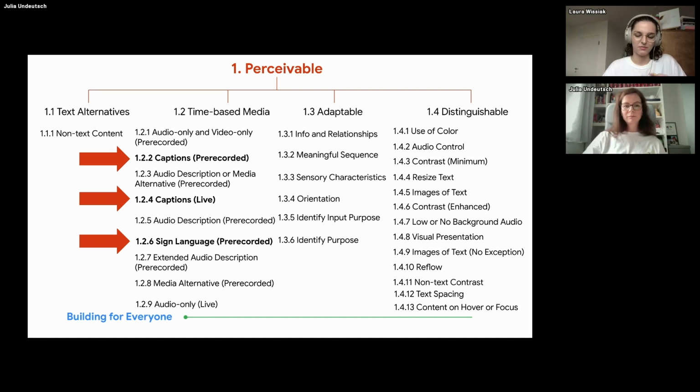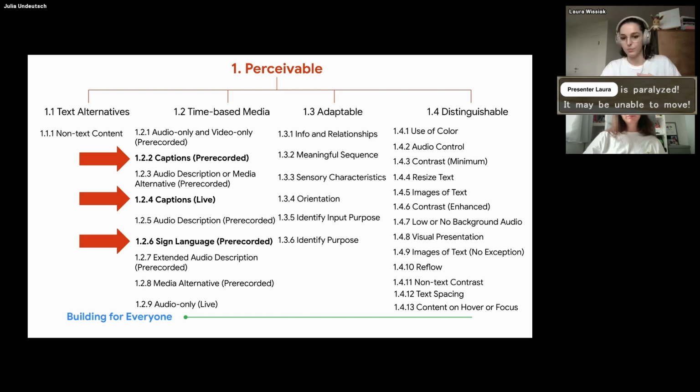Those are basically success criteria in different iterations, because you have captions for pre-recorded content, which would be this webinar once it is recorded and goes onto YouTube.